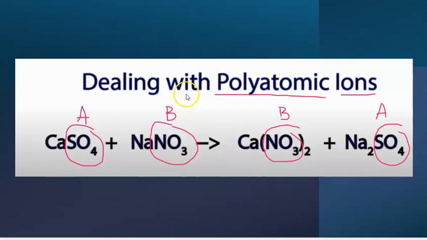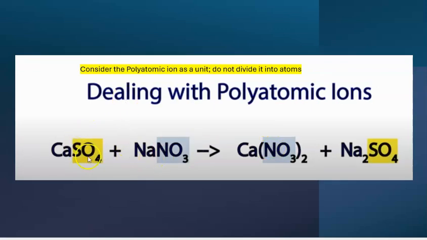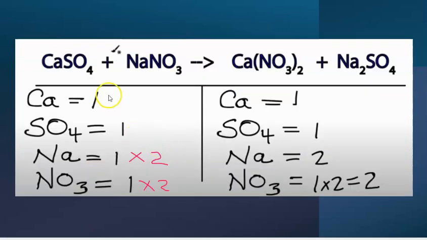When you are dealing with polyatomic ions, you consider the polyatomic ion as a unit. Then you don't divide, you don't say sulfur, oxygen 4. You say sulfate, nitrate. So, you say I have 1 calcium, 1 sulfate, 1 sodium, and 1 nitrate.